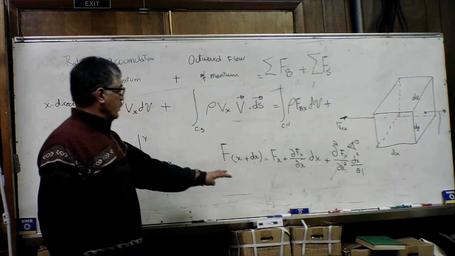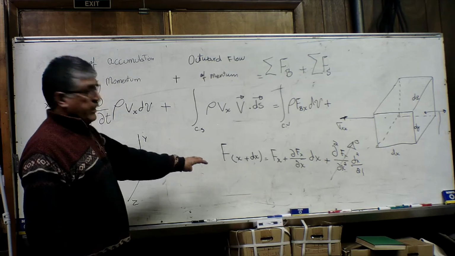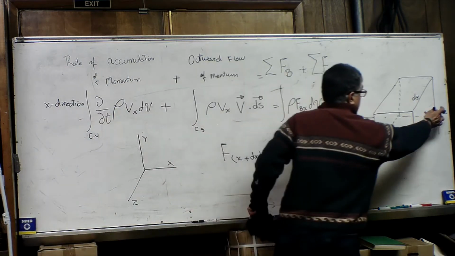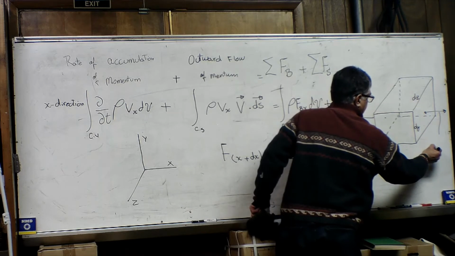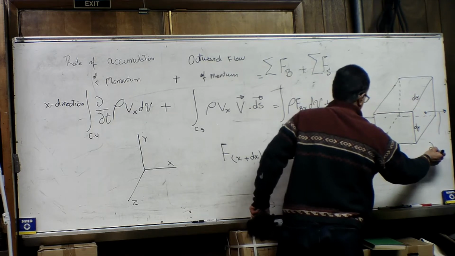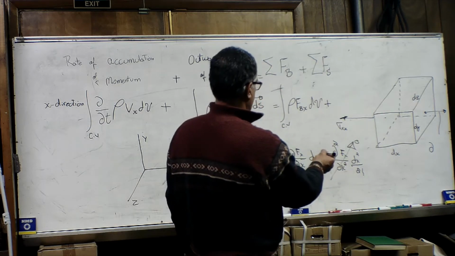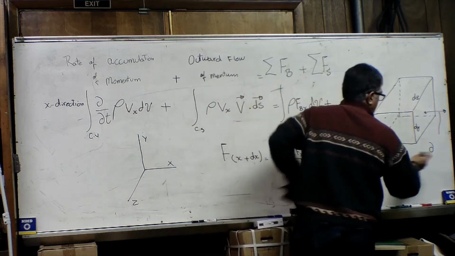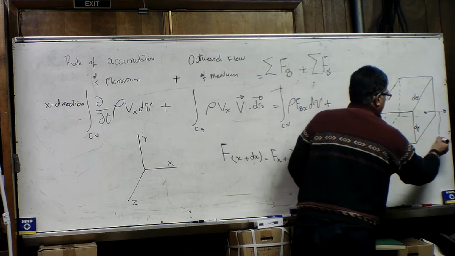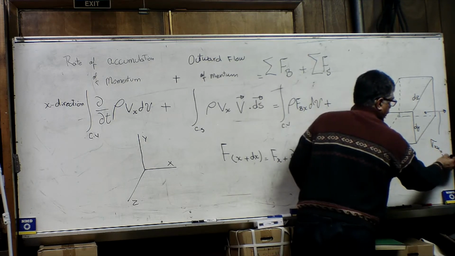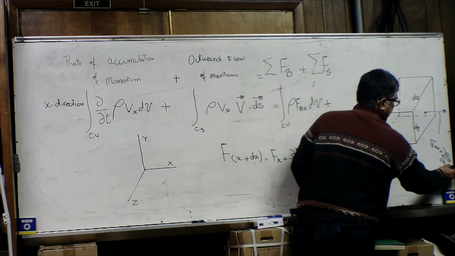So we can use the Taylor series and write this as sigma xx plus the partial derivative of sigma xx with respect to x times dx.